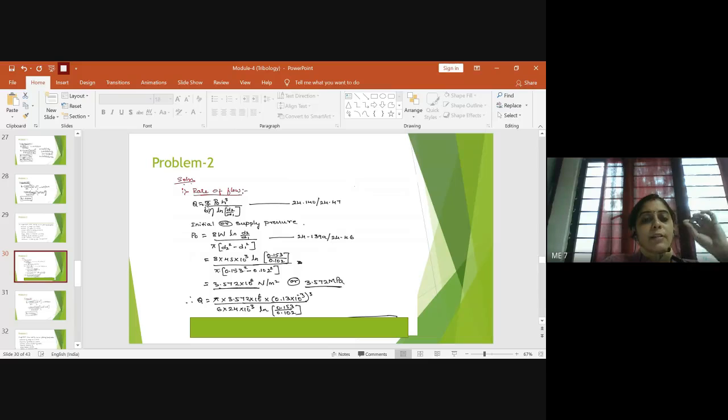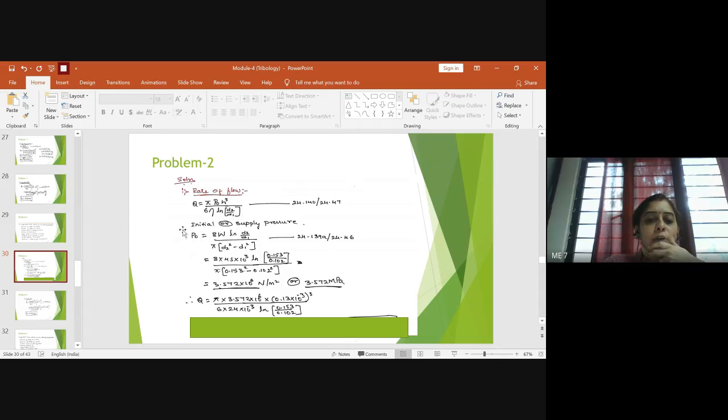To calculate rate of flow, you should know the value of P naught, right? Which is the initial or supply pressure of oil.